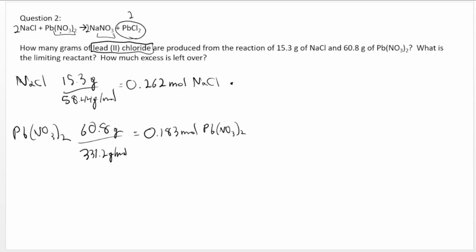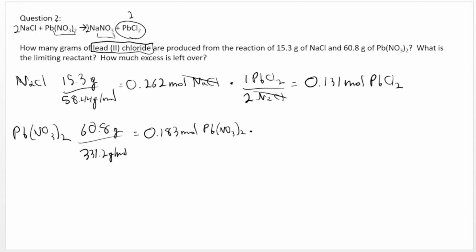For NaCl, the molar ratio between NaCl and the lead-2 chloride is a 2-to-1. So 1 PbCl2 is made from 2 NaCl. The NaCls will cancel out. So we're dividing this by 2, 0.131 moles of PbCl2. We're going to do the same thing for our lead-2 nitrate.